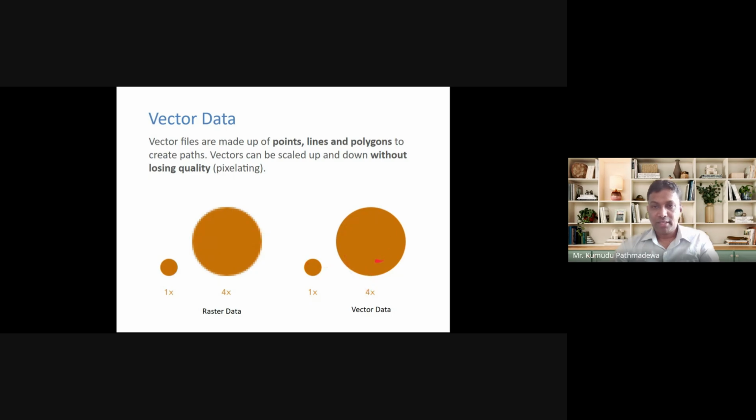But in vector data, whatever you zoom, you will get a very clear quality image. There are applications for raster and vector data, and we will discuss those later in the lectures.